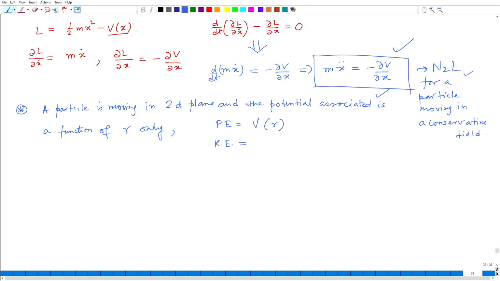This is 2D. So, right from the beginning I choose my coordinate system of convenience, that is the plane polar coordinate system, where kinetic energy is half m times r dot square plus r square theta dot square. You know this, okay.